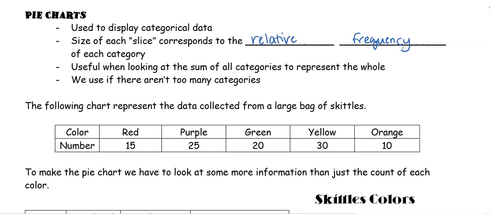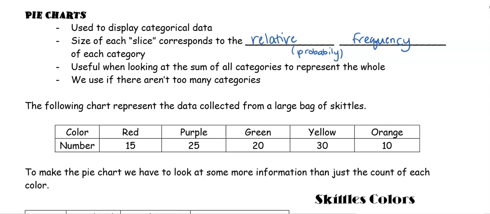And relative frequency is just a fancy way of saying probability. Useful when looking at the sum of all categories to represent the whole. We use it if there aren't too many categories, because if you try to take a circle and divide it into 30, 40 different categories, all of a sudden the slices of the pie get really, really tiny and it's hard to see that relationship.